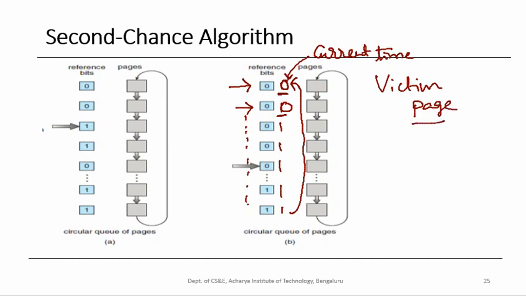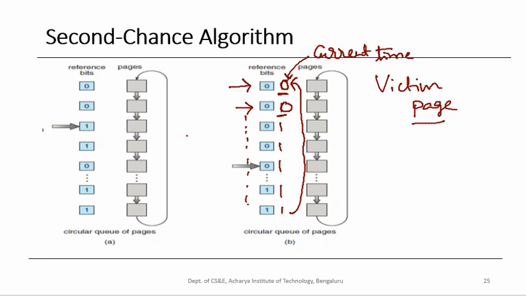So how is the second chance algorithm implemented? Reference bits associated with all the pages are arranged in the fashion of a circular queue. We start randomly at some point and look for a 0 entry in the reference bit. Whenever we find one, that particular page is selected as the victim page.